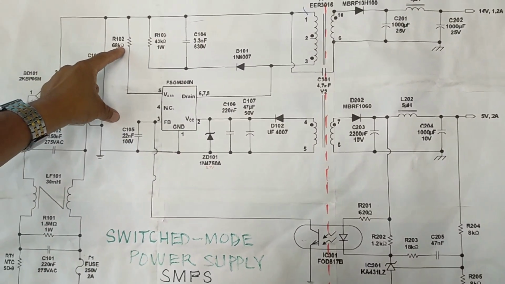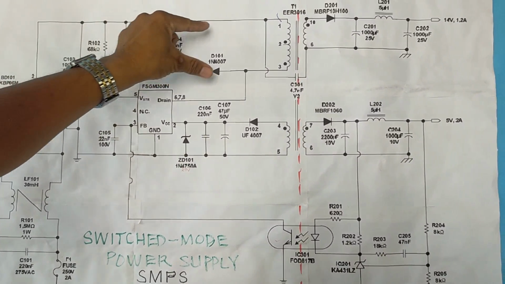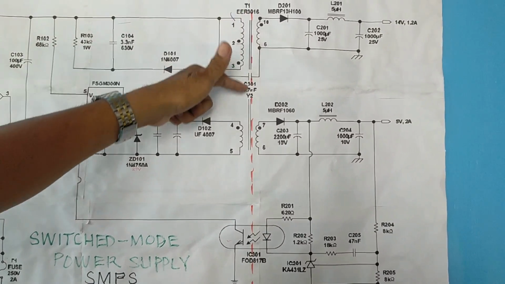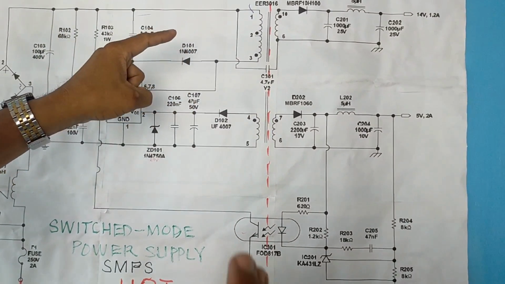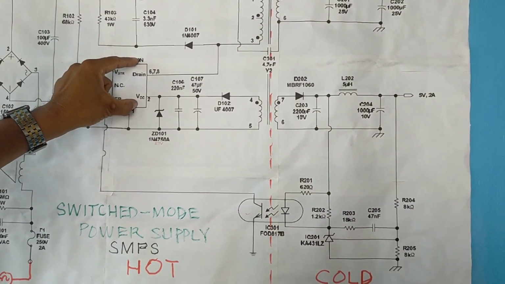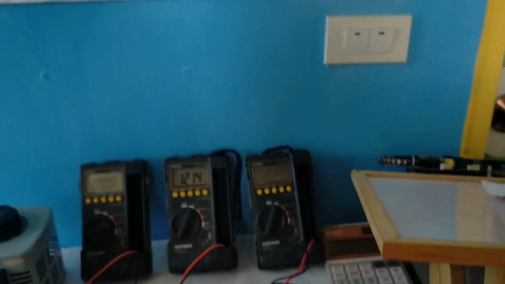There is 325 volts across this capacitor, which is supplied to the primary winding of the switch mode transformer. It is switched on, off, on, off by means of the switching transistor. It is actually mandated by the clock pulse generator, diba?